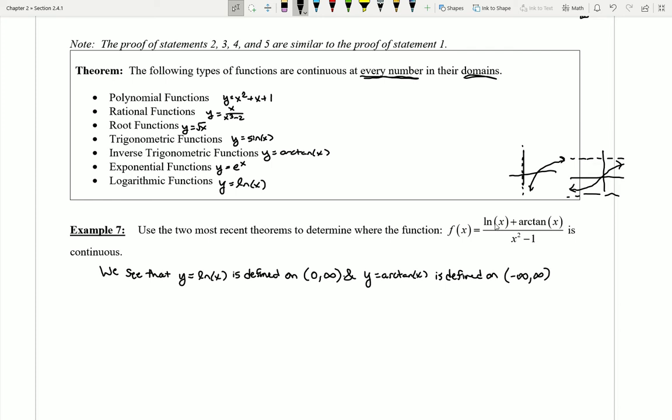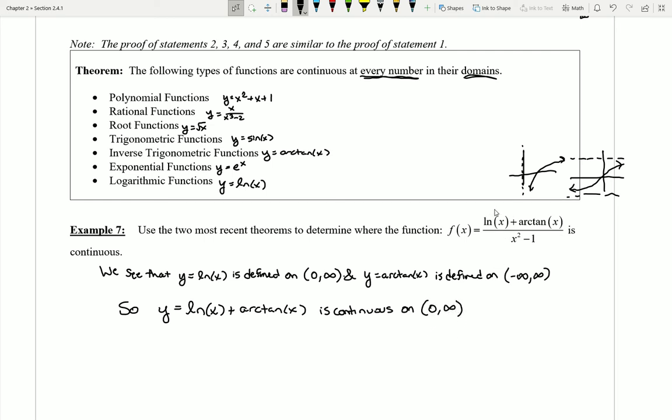So what I can see here is that these functions are continuous only on 0 to infinity. So I can say that y equals the natural log of x plus the arctangent of x is continuous on the interval 0 to infinity.